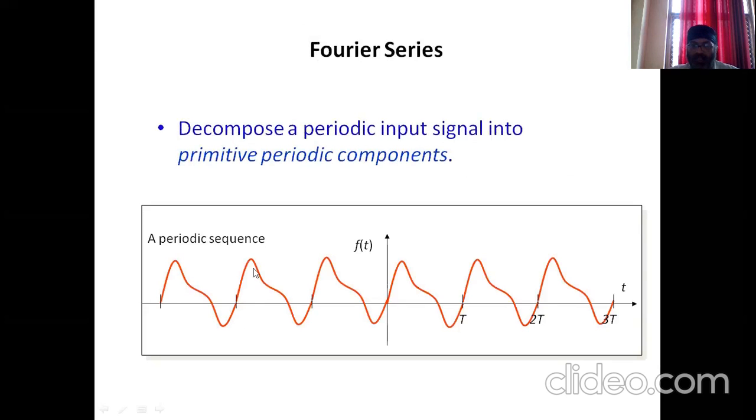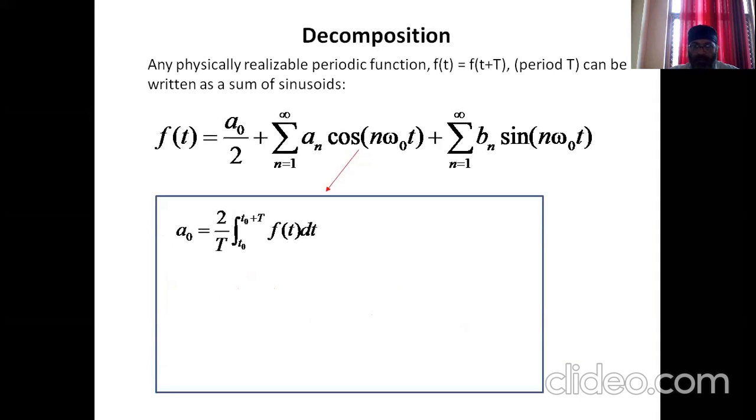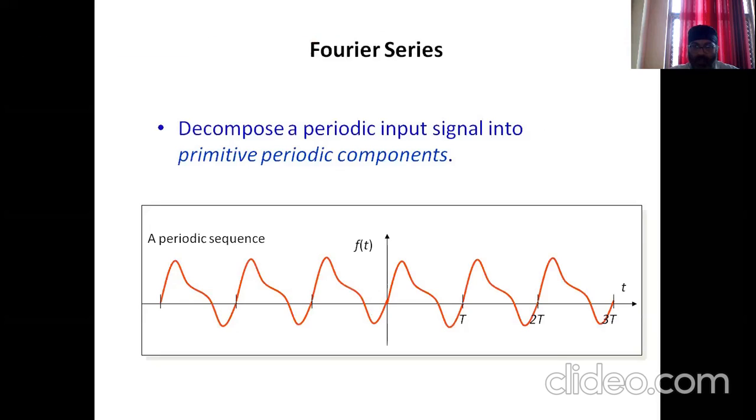So let's say this is a periodic signal, a distorted sine wave. Not the real sine wave, but distorted. But still periodic, because it keeps on repeating itself. This is a distorted sinusoidal signal, periodic in nature, but we want a clean sinusoidal signal.